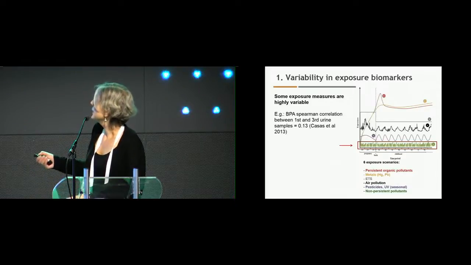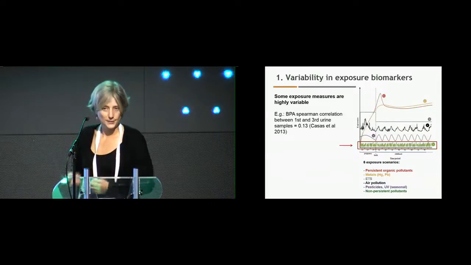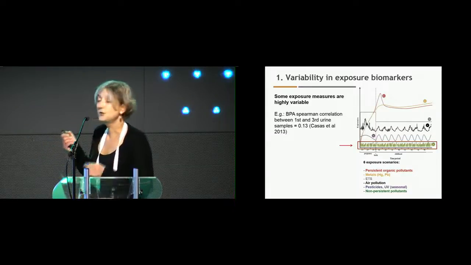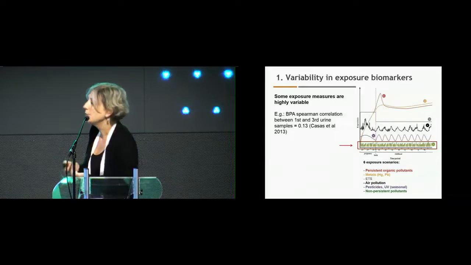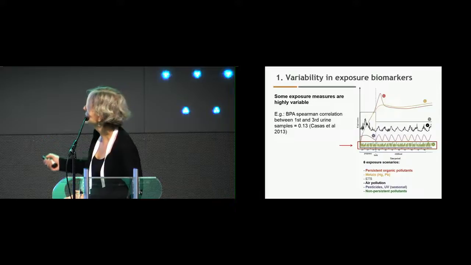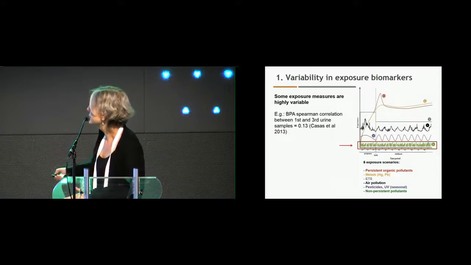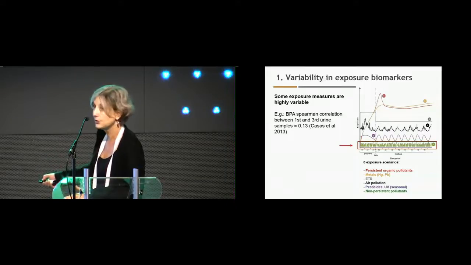So the first point is variability in exposure biomarkers. What we know is that some exposure measures are highly variable. I mean, this is nothing new, obviously. But when you do an exposome study, this becomes more of a problem. I don't know if it's a problem, but it's something that we really need to look at very carefully, because if you have all these different exposures with different scenarios, and this is just a picture of how this could look.